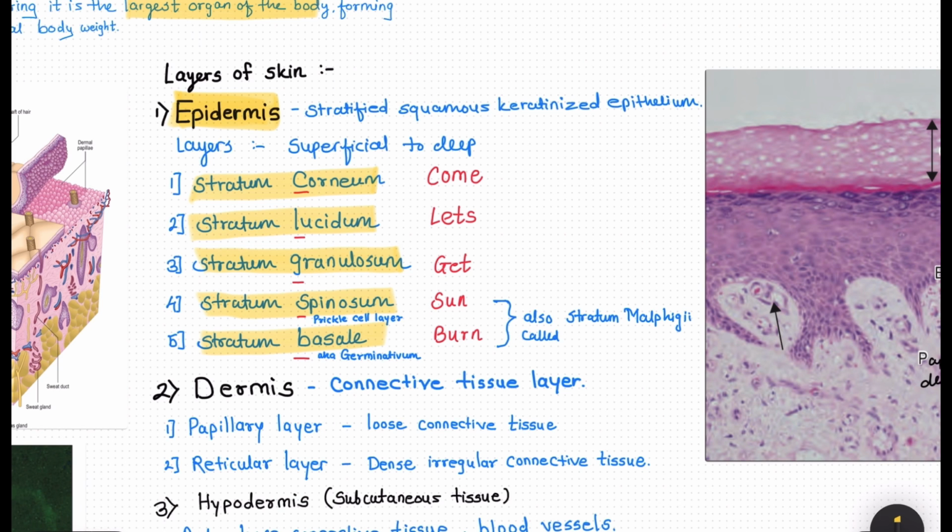We can also remember it with the help of this mnemonic, which is come let's get sunburn. The last two, stratum spinosum and stratum basale, both together form stratum malpighi layer.